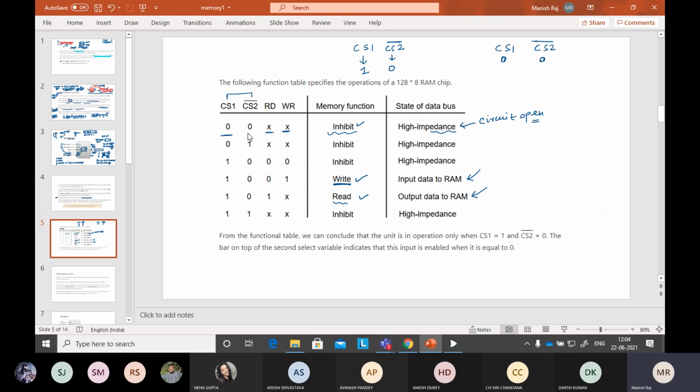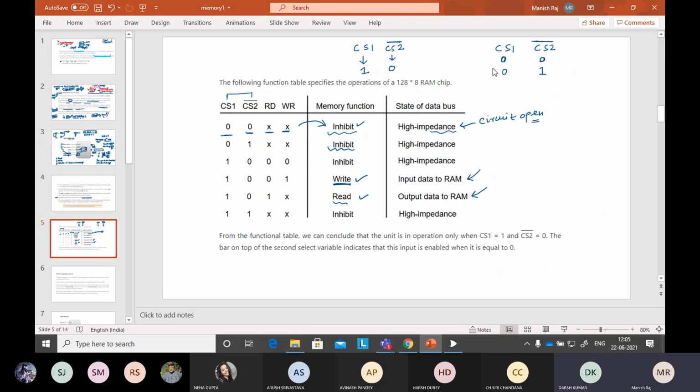So you can see here, if 0 0 is present, you are in the inhibit condition. Now second, maybe this is 0 and this is 1. Again you are not enabling CS1, so again you are in the inhibit condition. Is it okay till now? Everything is with me?